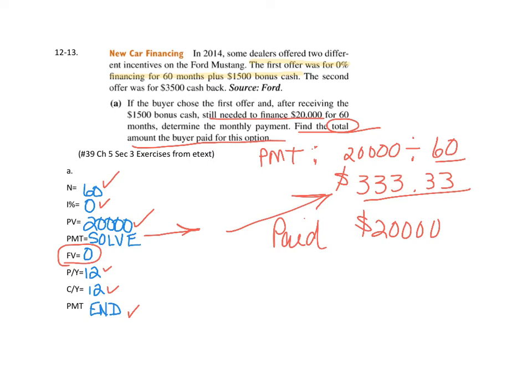They paid $20,000, but they got a bonus in cash of $1,500. So that was not money they paid. That was money they gained. So when you take that from the $20,000, that means what they actually paid for that car in total was $18,500.